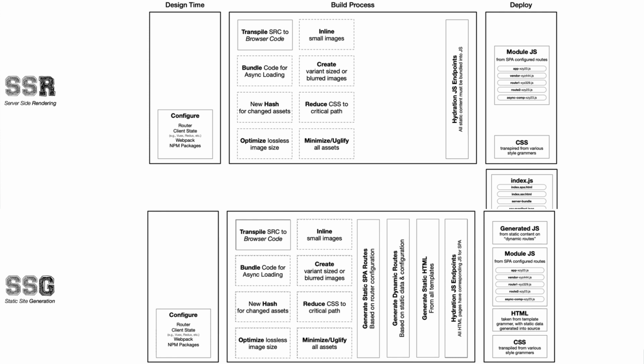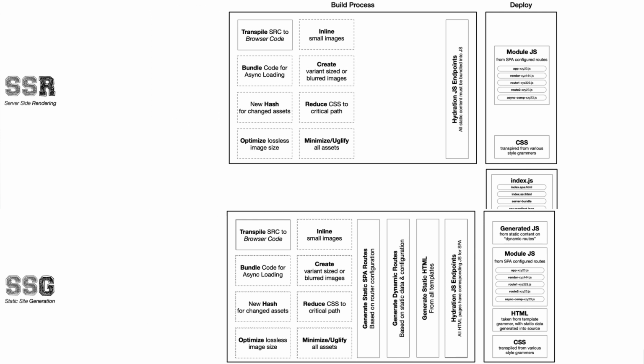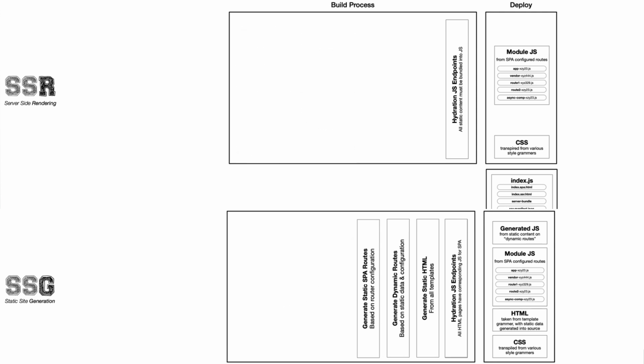It's really quite minor. Within the build system, we really only have to pay attention to the right-hand side. And there, it's basically the static generation process has 3 new items. So the first one is being able to generate the SPA routes from the router configuration.